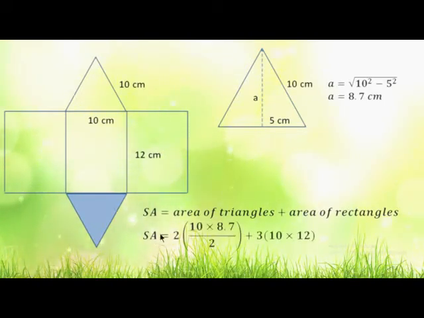So the surface area equals 2 times the area of the triangle, 10 times 8.7 per 2, base times the height, which is 8.7, per 2, plus 3 multiplied by the area of the rectangles, 10 times 12, from this side multiplied with this side. Using your calculator, you'll find that the surface area equals 447 centimeters square.